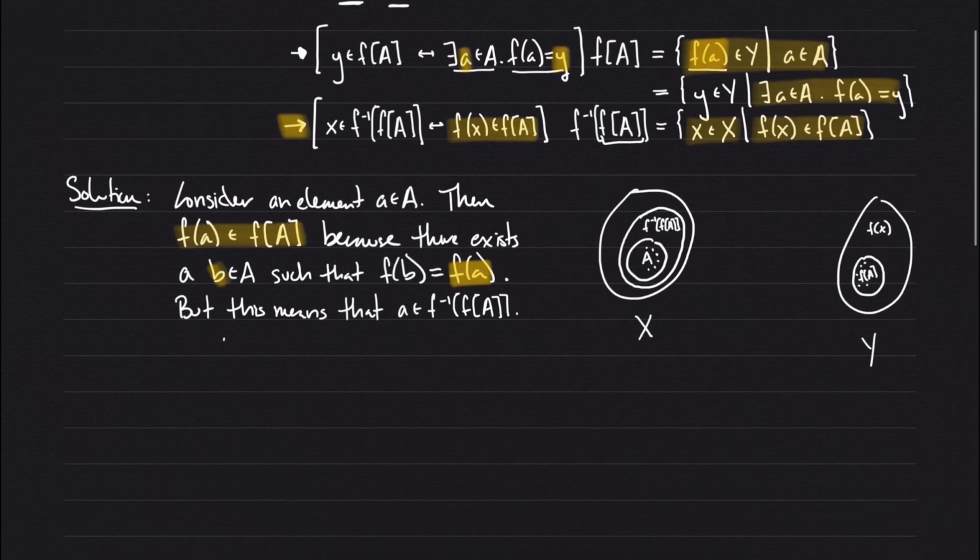All right, and now we can sum up and say, therefore, we find that A is a subset of this preimage because we've shown that every element of A is an element of that preimage.